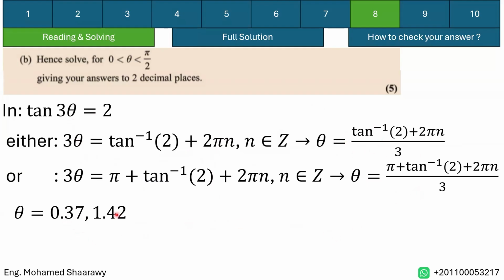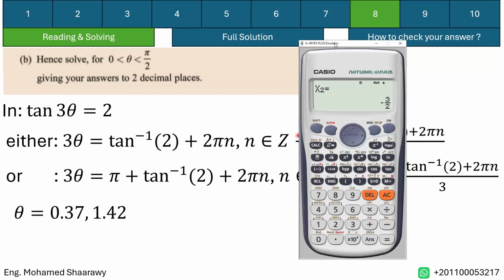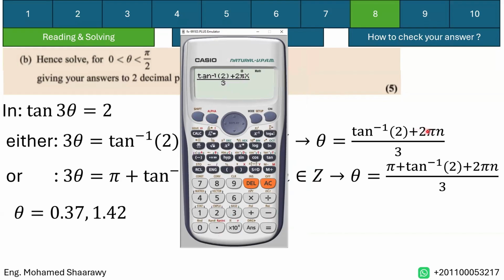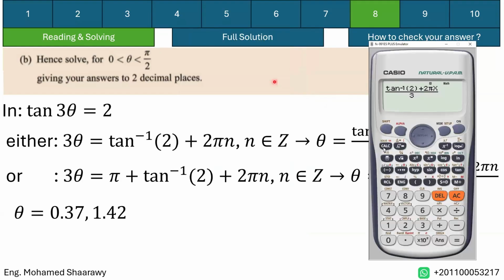Yes, like this. I divided both sides by 3, and now I got these two solutions. How I got this? Let me do it with you slowly. So, shift tan of 2 plus 2 pi n, all over 3. Let me replace this n by 0, 1, negative 1 and all the integers, and find the solution which belongs between 0 and pi over 2.